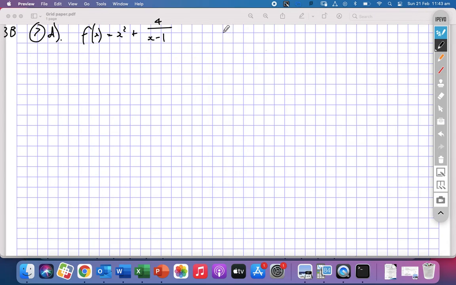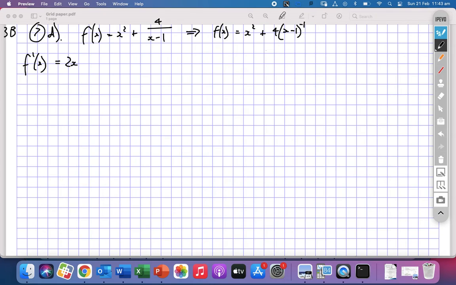I would probably rewrite it. So it follows that the function could be written as x squared plus 4 times (x minus 1) to the power of negative 1. And I think that will make finding the first derivative a little easier. I will get what? 2x.